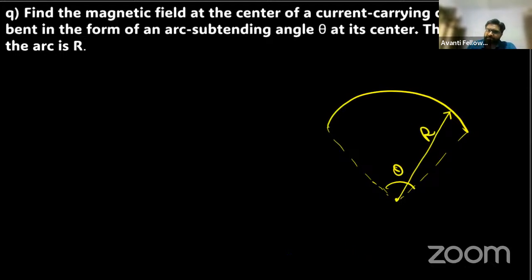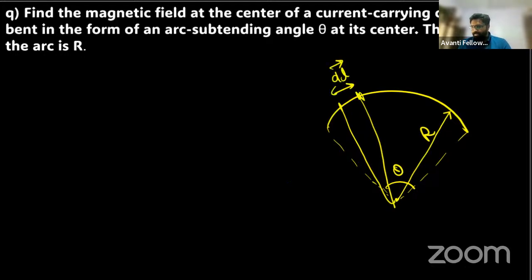So again, the same strategy we are going to use, and the strategy is very simple. Just take a current element. This is the current element that we have chosen, dl vector. And this is the direction of current, which is the direction of the dl vector itself.